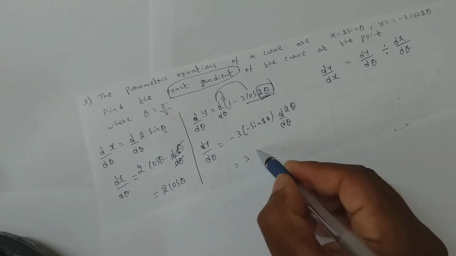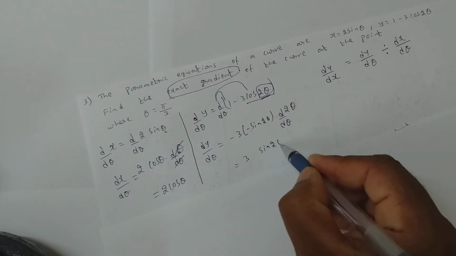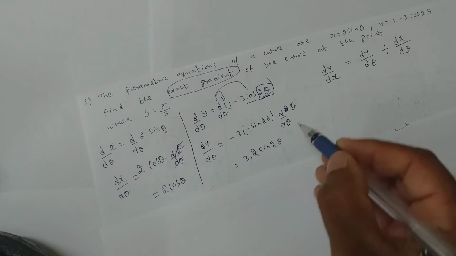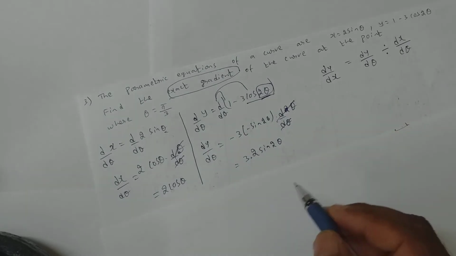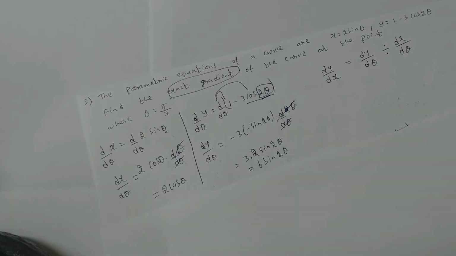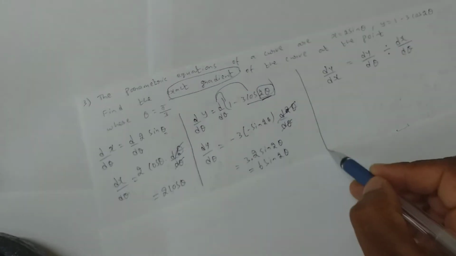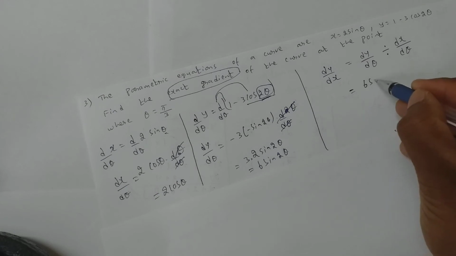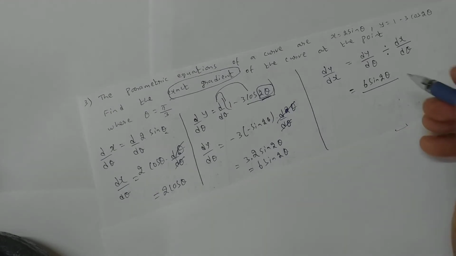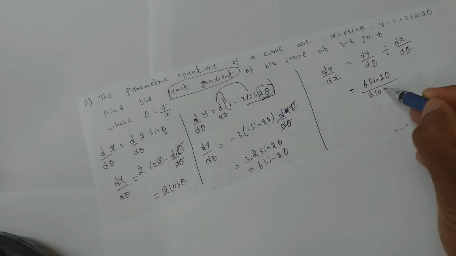So it becomes 3 sin 2 theta. 2 will be coming out of differentiation. Here it's 2 and d theta gets cancelled. So it is now 6 sin 2 theta. So dy by dx equal to 6 sin 2 theta by dx by d theta, which is 2 cos theta.